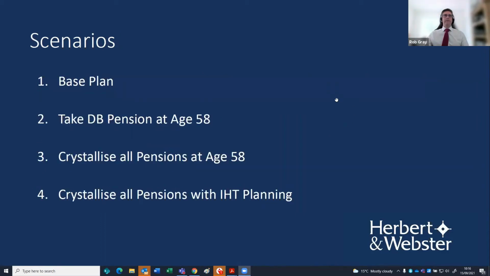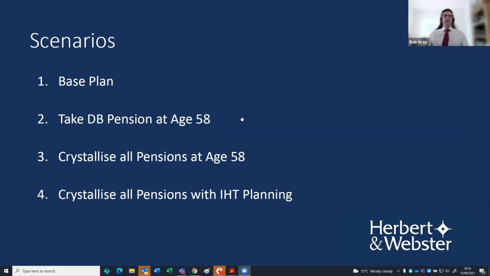So we built 4 scenarios for him. There was the base plan, which was his current circumstances. And that would have been involving taking his defined benefit pension at age 60, at the normal retirement age. And it would have involved not accessing his defined contribution pensions at all, because he would not have needed to.